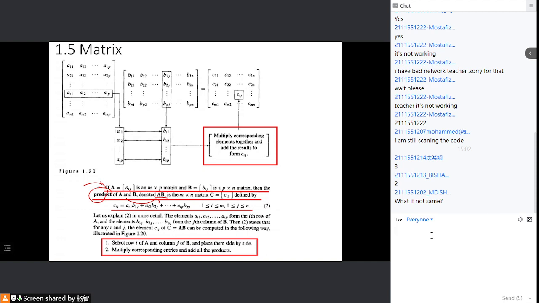And the result, C, is also a matrix, but the shape of this matrix is m by n. It is defined by this expression, which means every element in C is acquired by this expression.